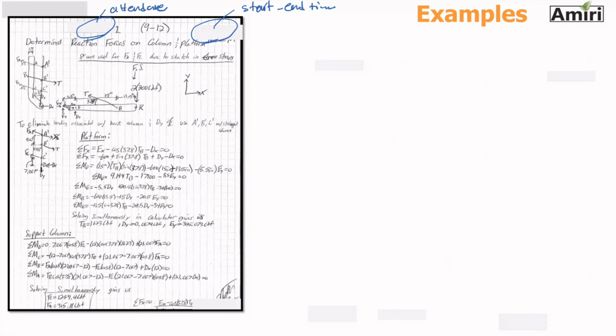It has signature on the bottom, and all the information for whatever task the student was working on. In this case, it was trying to figure out some reactions of a column, is recorded in here.